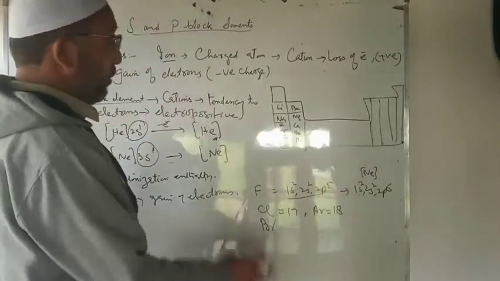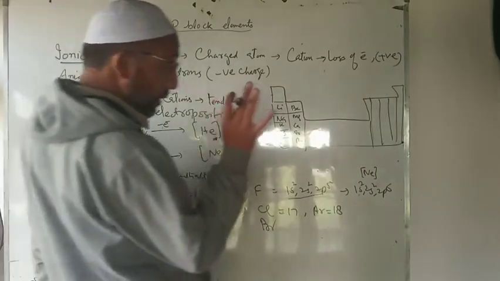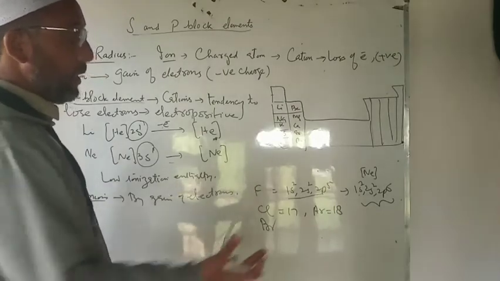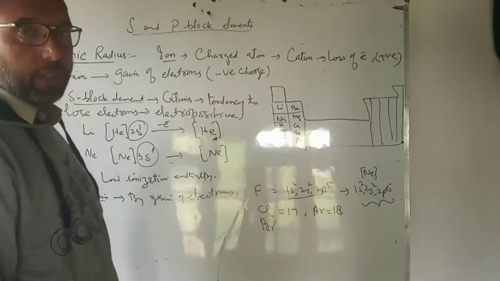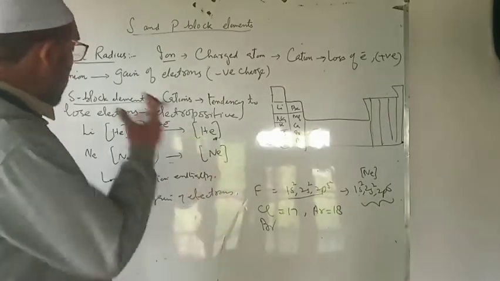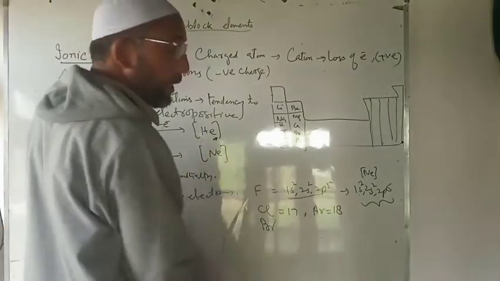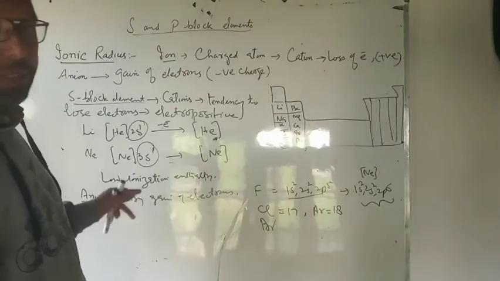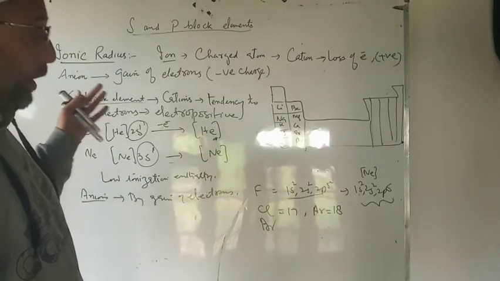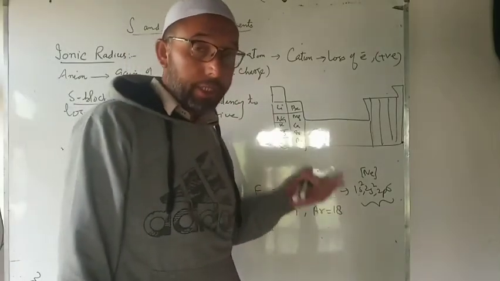So anions are formed by gain of electrons, and the cause behind it is that whenever they gain the electron, they get a stable noble gas configuration. So noble gas configuration is obtained either by loss of electron or by gain of electron. If an atom loses the electron, it changes into a cation, and if it gains the electron, it changes into an anion.